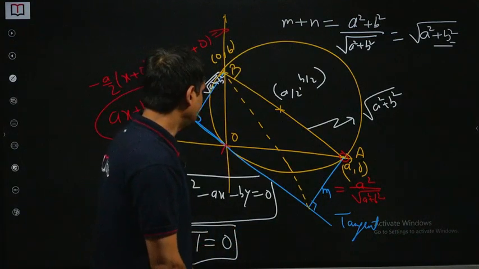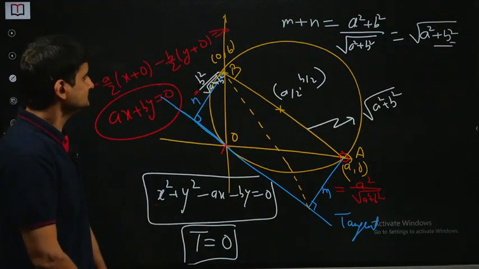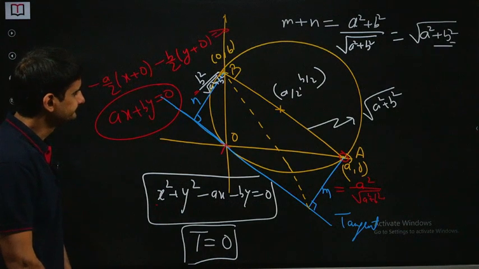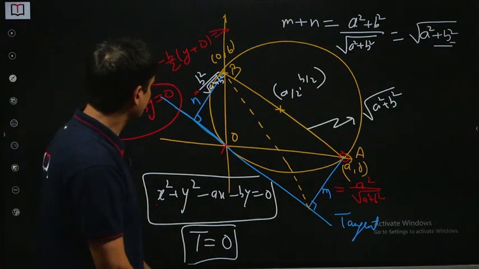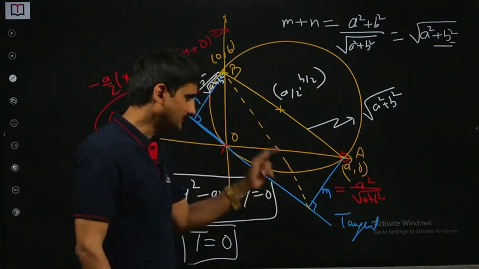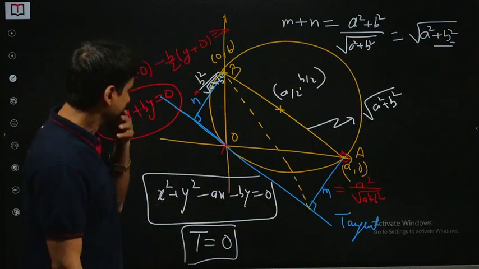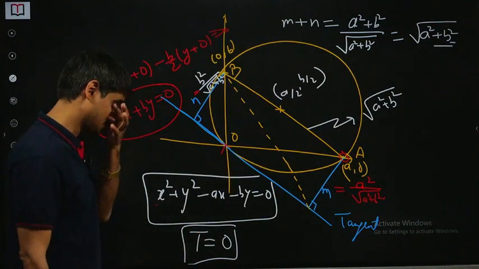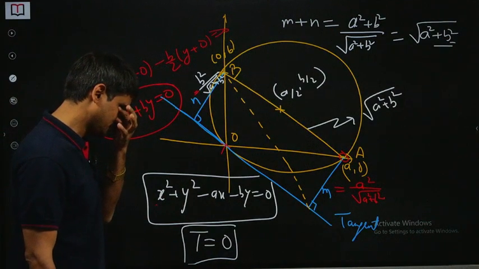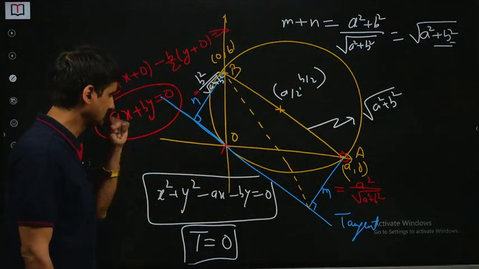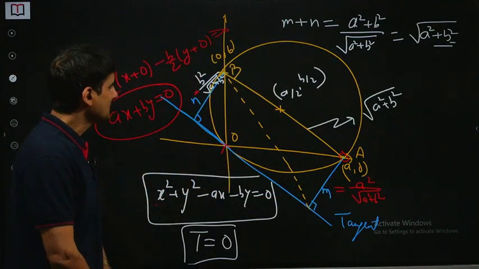We get this length, we have its slope, and then projection of this length on this length.